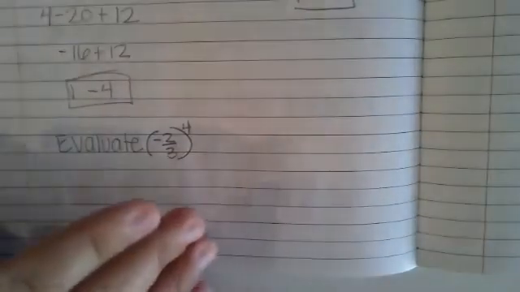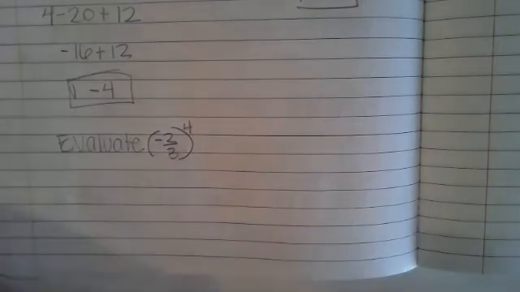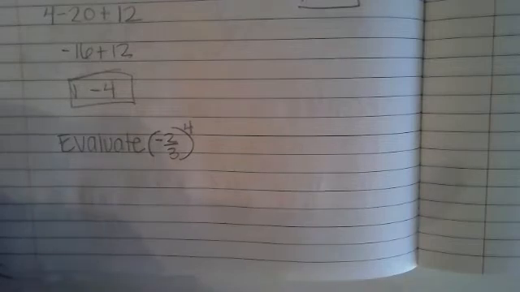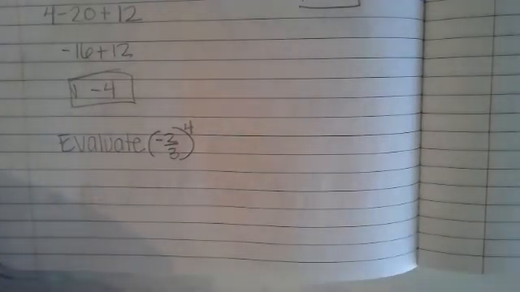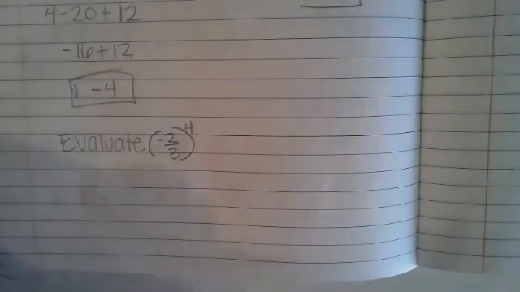The first thing I'm going to do here is think about my integer rules. So I have a negative being raised to the 4th power. That means I have 4 negatives being multiplied together. If I have an even number of negatives, then I know my answer has to turn positive. So that's the first thing to keep in mind.